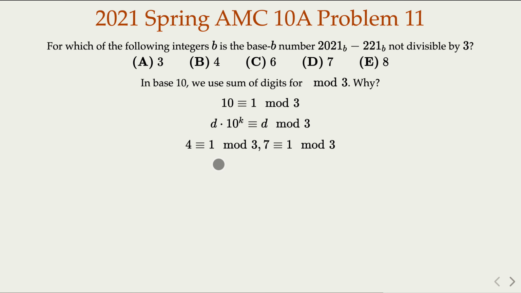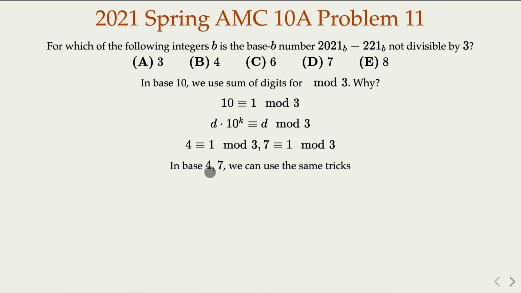Okay, and here notice that 4 and 7, when you add the digit here, 2 to 1, this is 2 to 1. They're the same. So in other words, the remainder of mod 3, right, in base 4 and base 7 here are the same. In other words, the difference would be congruent to 3, right? So 4 and 7 is not going to work. Okay, so the only remaining one is 8.